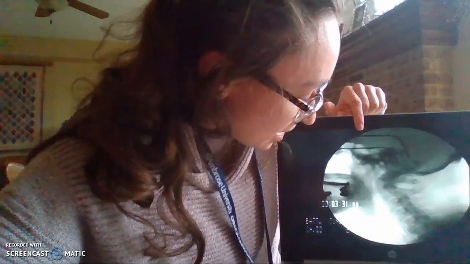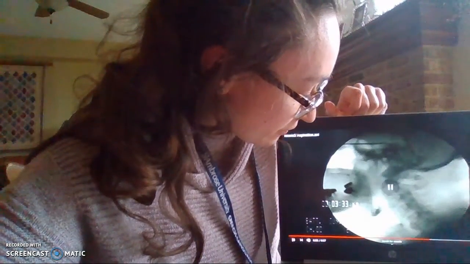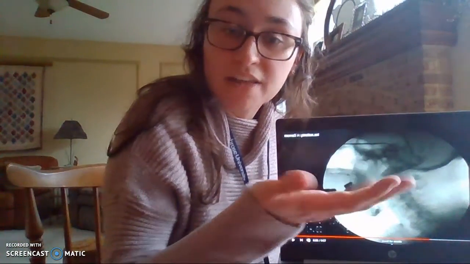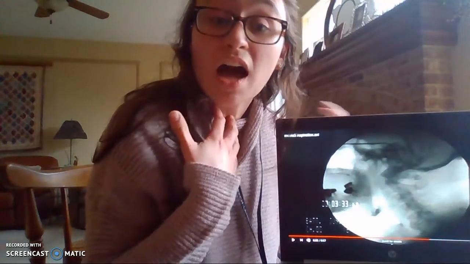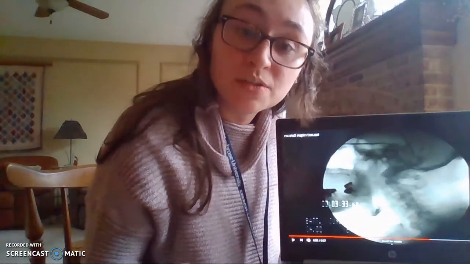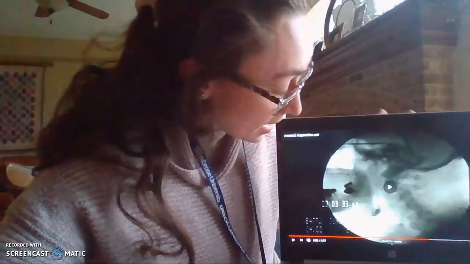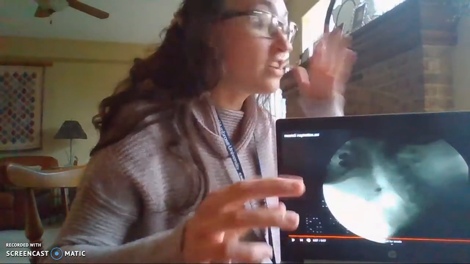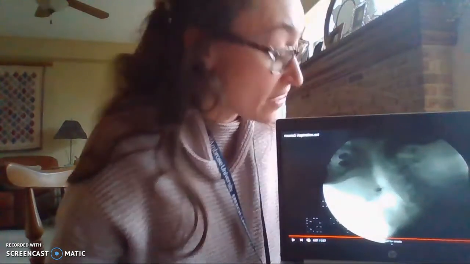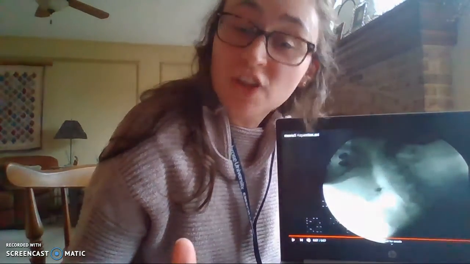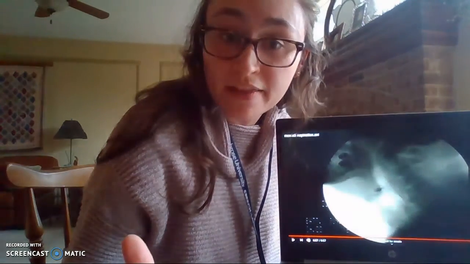I'll point out another little structure, the vallecula right here, and that's like a little valley. You can see that when you swallowed, we have a little residue, a little pooling in the vallecula, but the good news is that when you swallowed a second time, you have it out. There's still a little bit of liquid there in the vallecula, but that's a good sign, because that gives me an idea of different strategies that we can do together.